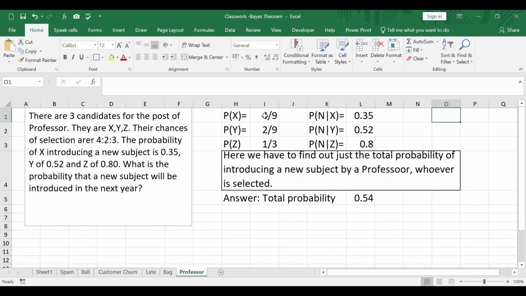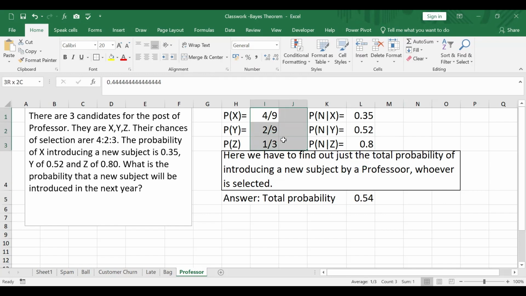That will be obtained by multiplying the probability of X being selected and then that person introducing a subject, plus Y can be selected, Y also will introduce a subject, Z can be selected. Anyone can be selected, and therefore you have to add all these things.